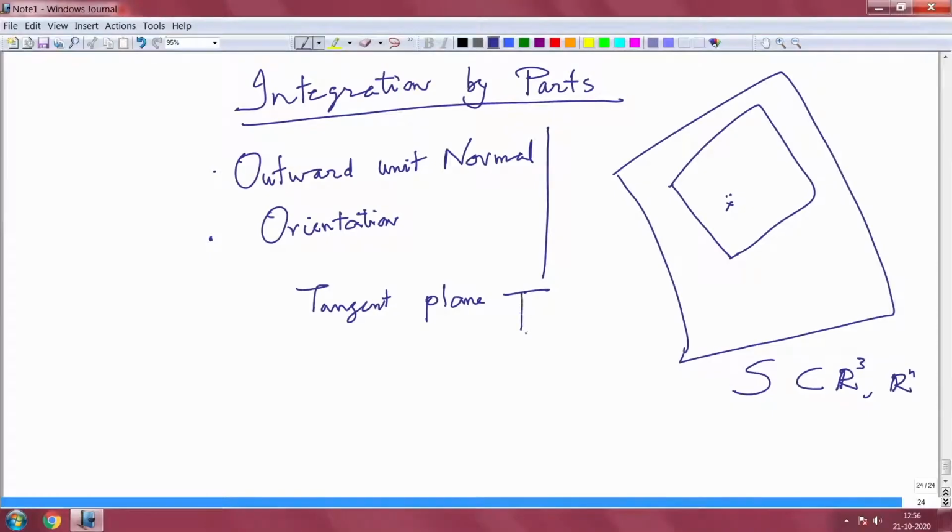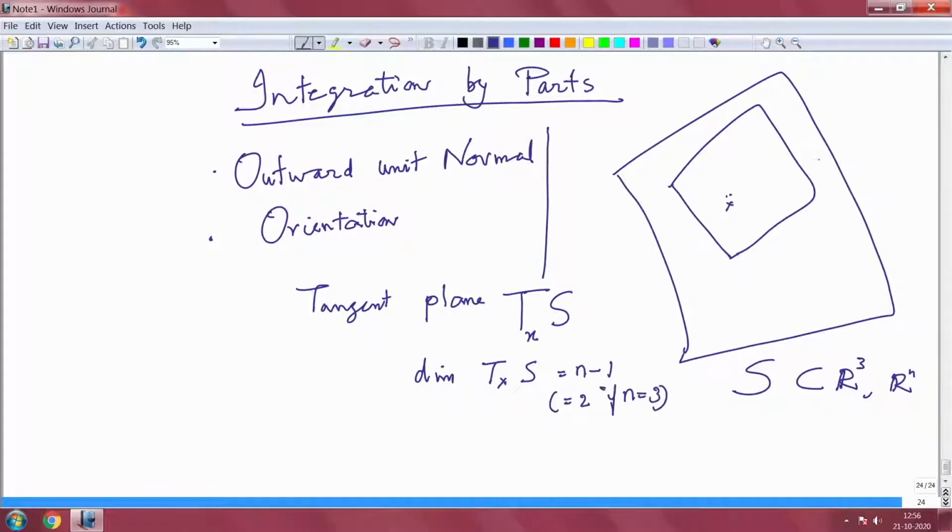So, you have your tangent plane to that surface, and the dimension of the tangent plane will be n minus 1, that is equal to 2 if n is 3, you see.